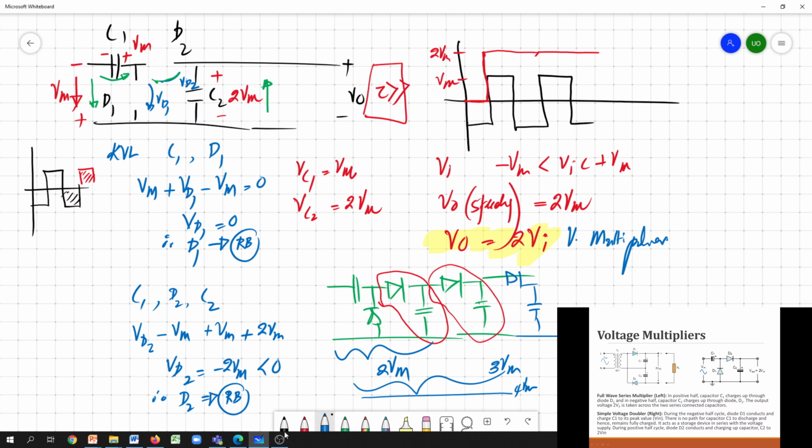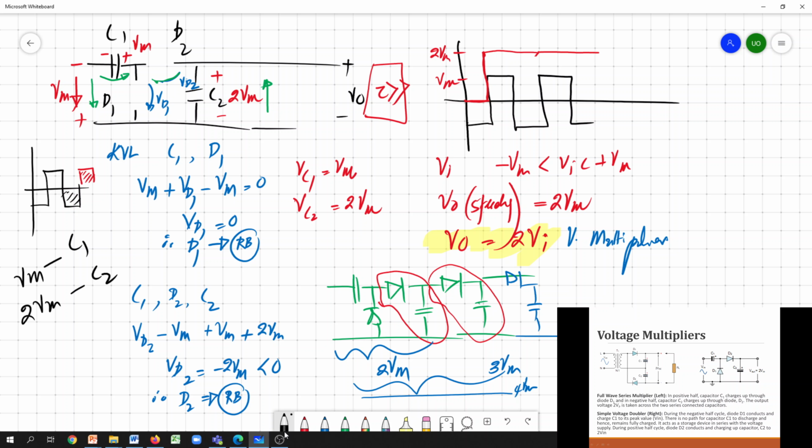So in this case we get Vm across C1 and 2 Vm across C2. Likewise, if you connect multiple cascading stages, you can get Vm, 2 Vm, 3 Vm, 4 Vm, 5 Vm and so on. It all depends on the way you connect these diode capacitor blocks.